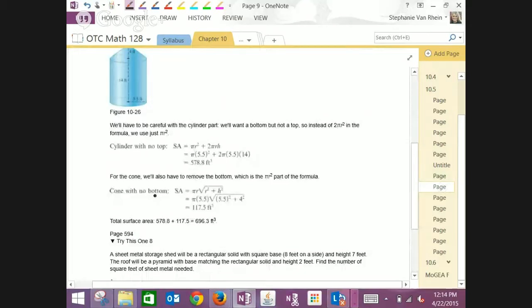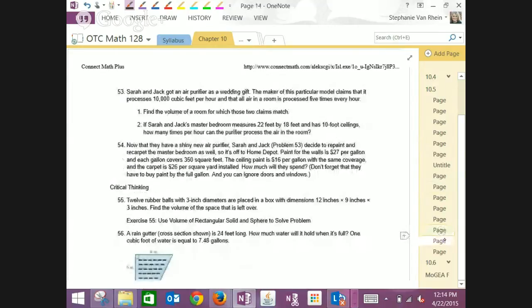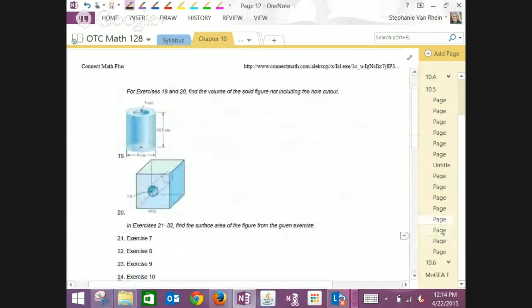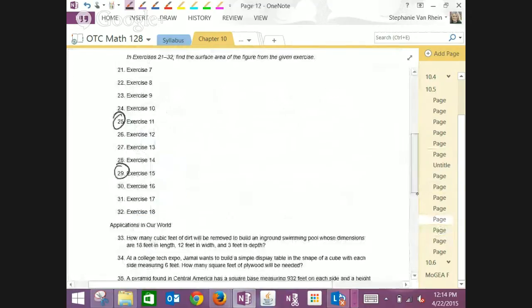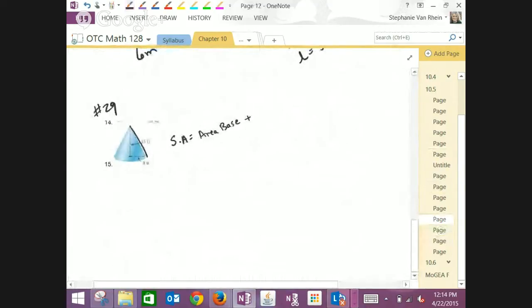A cylinder with no top, a cone with no bottom. Okay, it's just pi RL. That makes sense. So the surface area of a cone is pi RL, where L is the lateral surface area, or lateral area. So you have to go and find L. R is given.